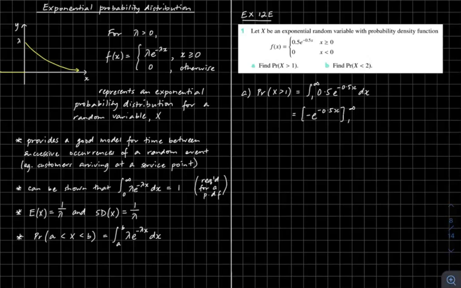Now, if I'm going to evaluate this at the upper limit at infinity, I can't really enter infinity in there, although I'm really saying what's the value when it's a very large number.